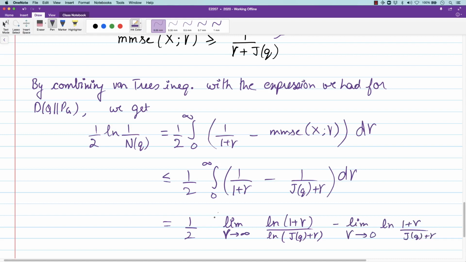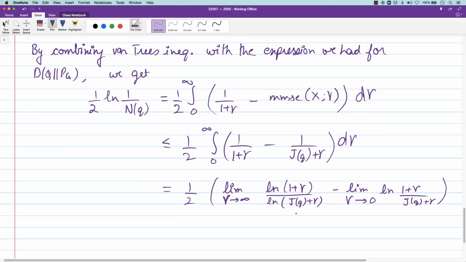In the limit as gamma goes to infinity, this ratio is just 1, so the log of 1 is 0. And as gamma goes to 0, this is 1 by J(Q), so there's a minus log, giving log J(Q). So this is exactly equal to half ln J(Q).